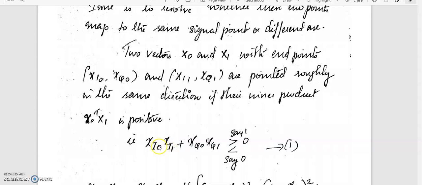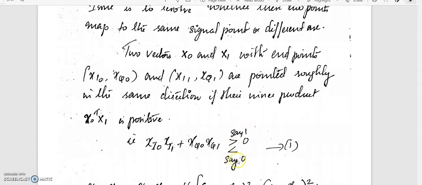So what I do is, I take the in phase component at the instant tb, denoted as suffix 0, and at instant 2tb, denoted as suffix 1. I take the inner product of these two. So I will have xi at tb times xi at 2tb, that is 0 and 1, plus similarly the quadrature phase component at tb and 2tb. If the inner product is greater than 0, I take the decision in favor of 1, meaning they are pointed in the same direction.